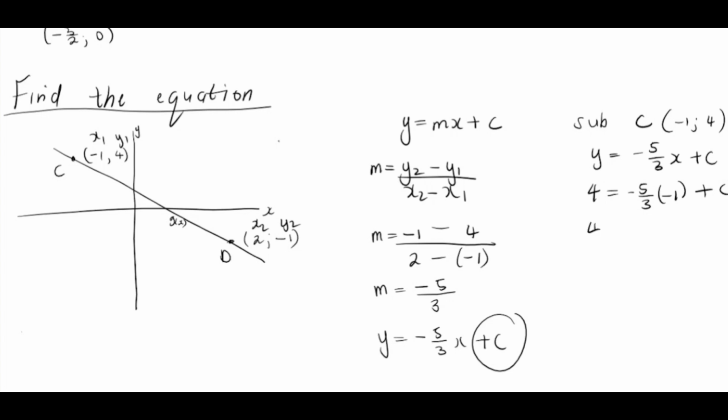Let's simplify. 4 is equal to positive 5 over 3 plus c. 4 minus 5 over 3 is equal to c. c is 7 over 3. Therefore, the equation of our straight line is y is equal to negative 5 over 3 x plus 7 over 3. And that is how you find the equation of a straight line.